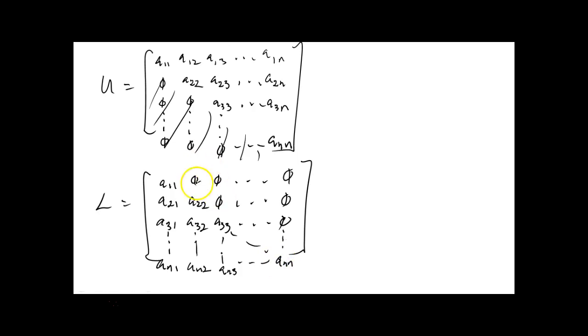Okay, so everything above the main diagonal is a 0. That's the lower triangular matrix.